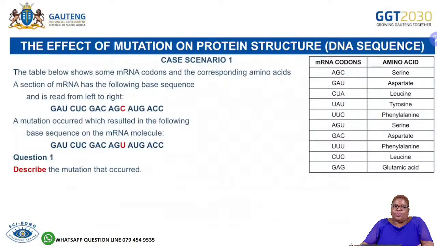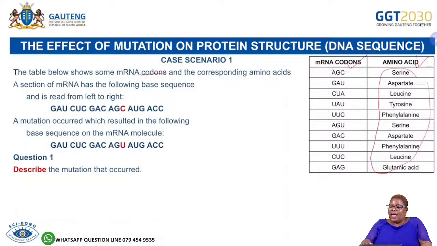fortunately, examiners will guide you, will give you even tables where you are going to be guided. You're not going to start afresh thinking of scenarios. You will be given a table that shows some mRNA codons and the corresponding amino acids. You don't even have to study the names of these amino acids because they will be given.